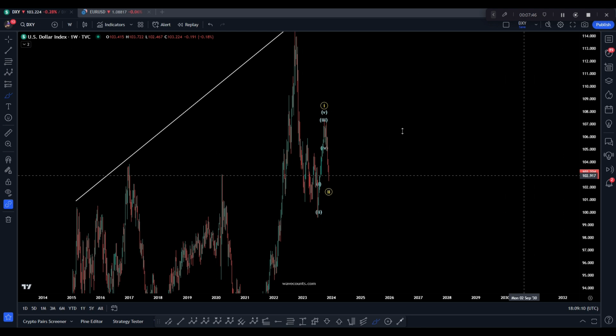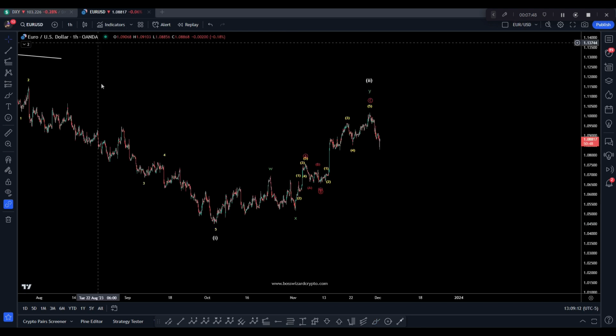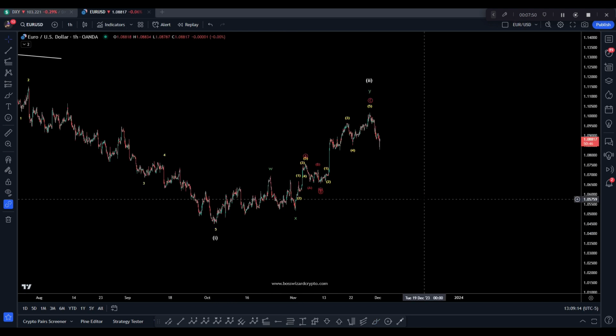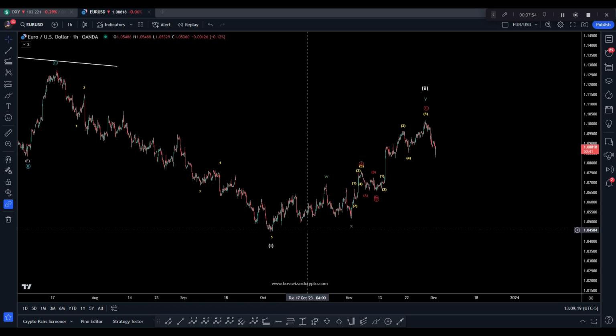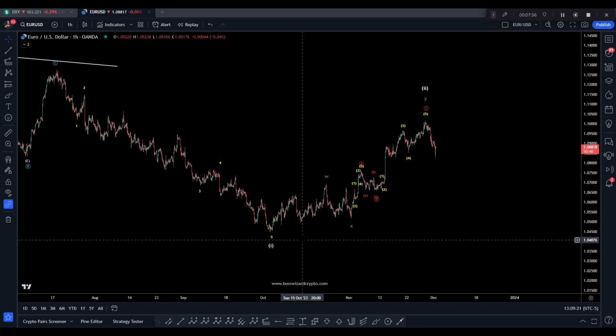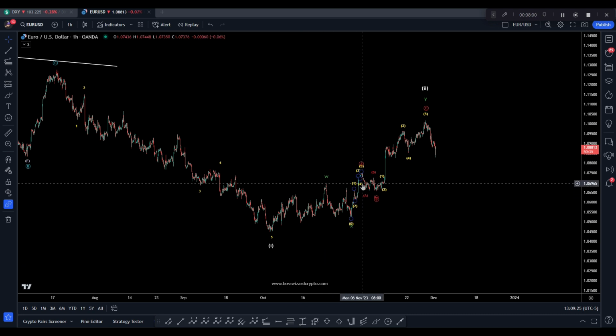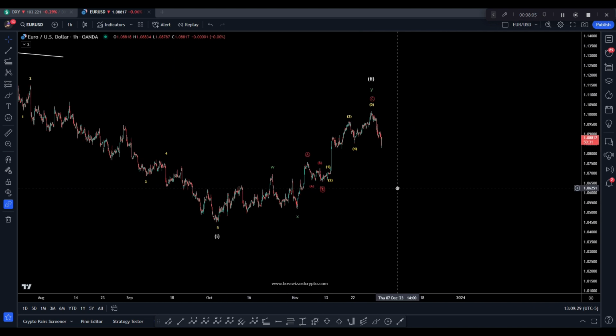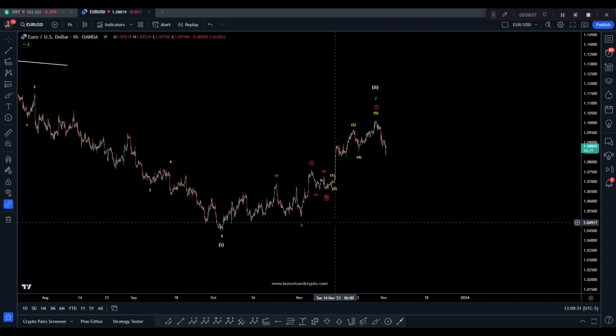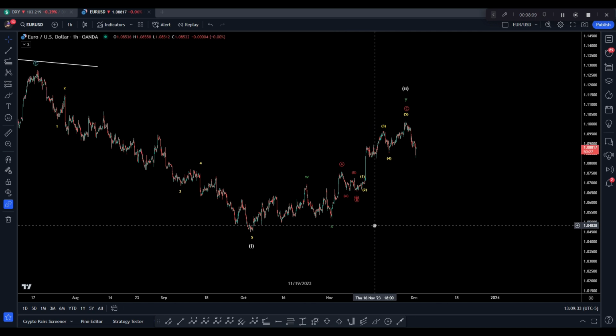So let's look at the euro. Okay, so here's an hourly count of the euro. Exactly the opposite of what you would expect because it is negatively correlated. I got a couple minor counts in here just working things out, but I counted this slightly differently because although they're inversely correlated, they're not exactly the same.